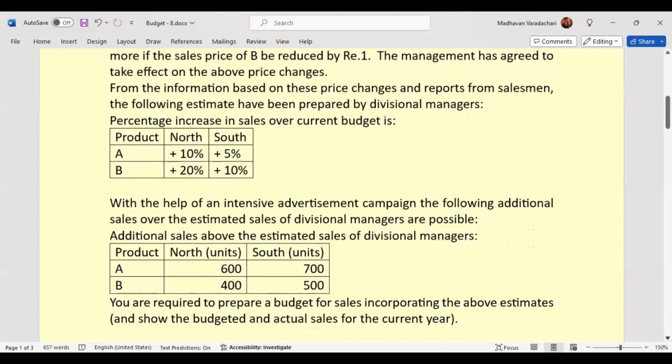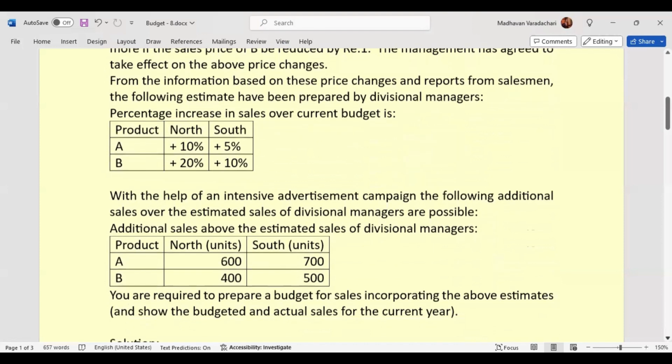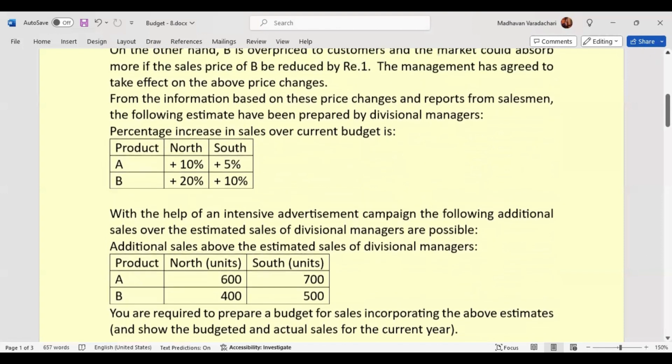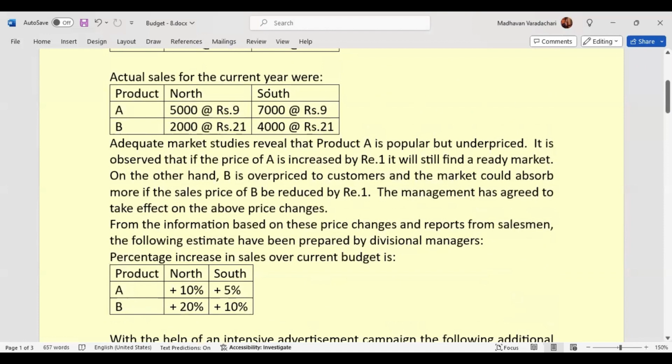You are required to prepare a budget for sales incorporating the above estimates and show the budgeted and actual sales for the current year. To solve this, we may notice three things. One, for product A they can increase the price by 1 rupee. Product B, they can decrease the price by 1 rupee.